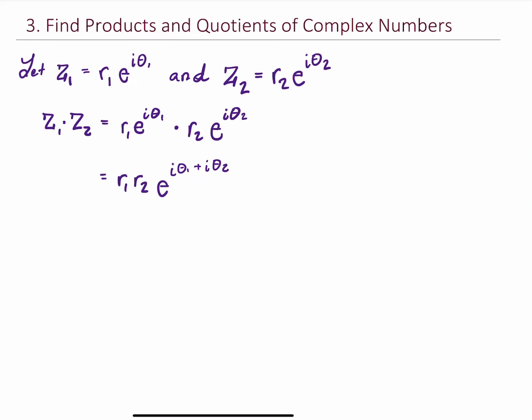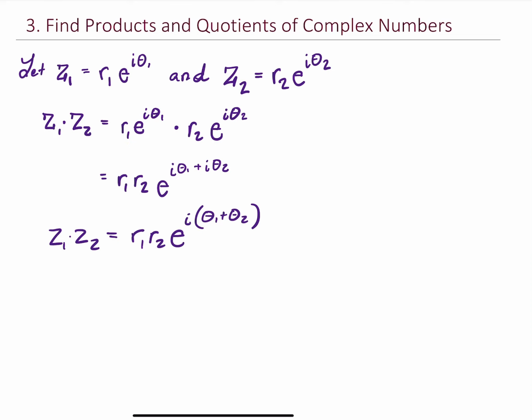And then we can factor that i out to express it a little bit more nicely, I suppose. So we can say z1 times z2 would equal r1 times r2 times e to the power of i theta 1 plus theta 2. Notice we add the angles together.